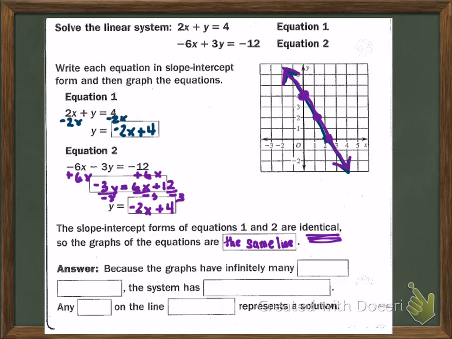Because the graphs have infinitely many points of intersection, the system has infinitely many solutions.